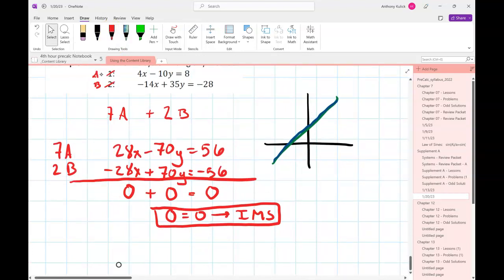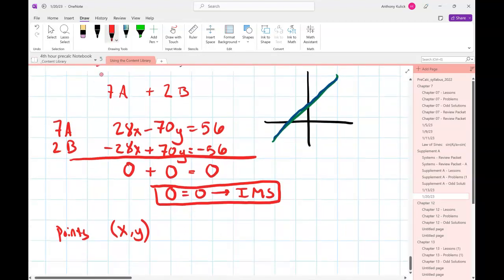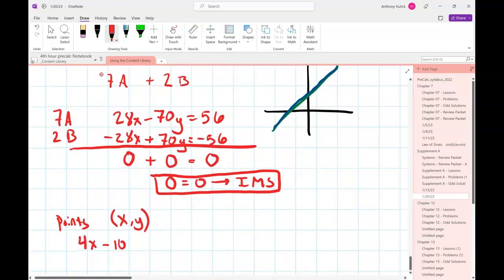One of the things that we'll ask you with 3 variables to do is to represent the general solution for your infinitely many solutions. So let's practice that now with a 2-variable problem that's much easier to do. So we want the points x, y that are on that coinciding line, right? So what I can do is I can take either of my 2 equations.